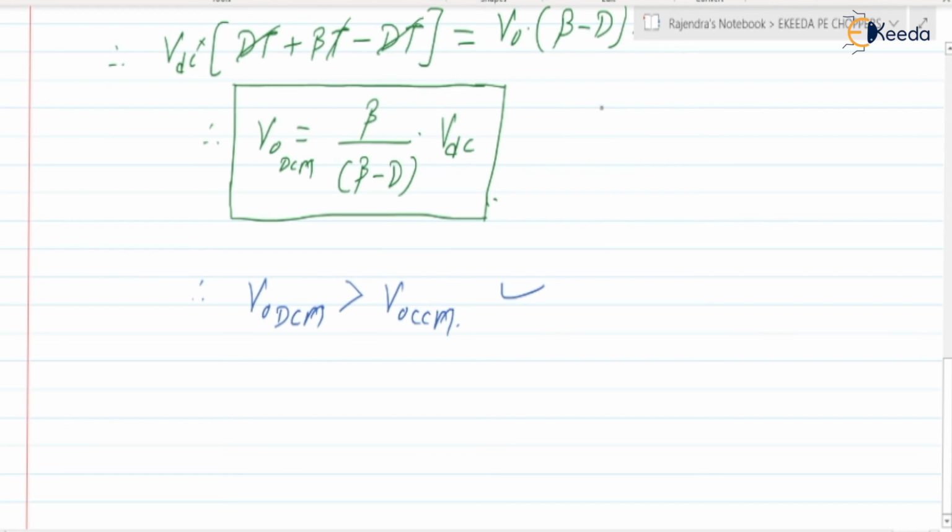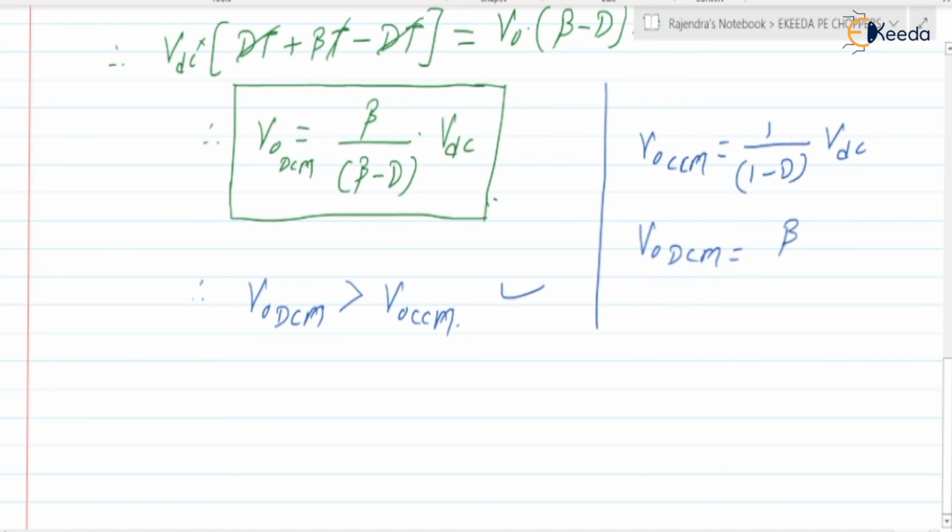So I am writing here again: V0 in continuous conduction mode is 1 upon 1 minus d into VDC, and V0 in discontinuous conduction mode is beta upon beta minus d into VDC. Is this clear?